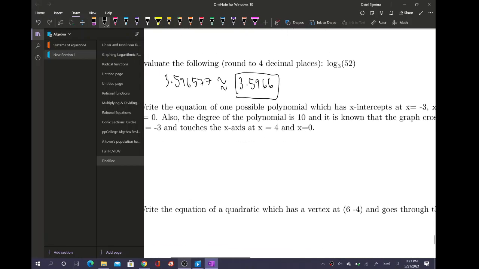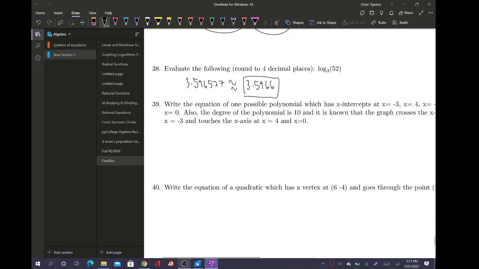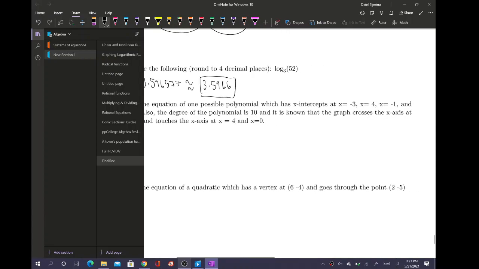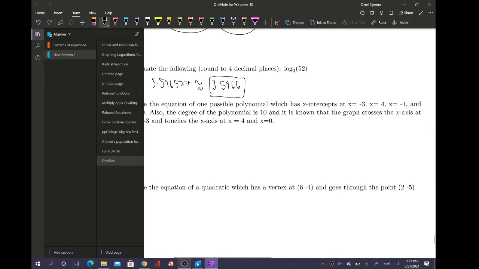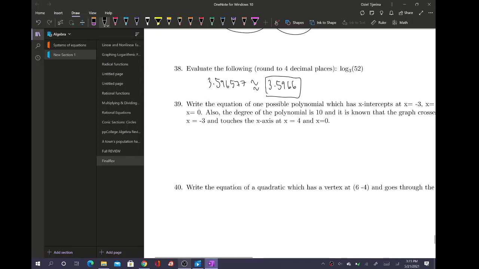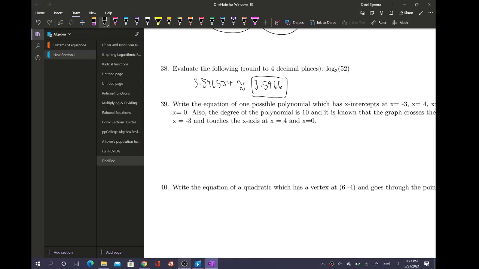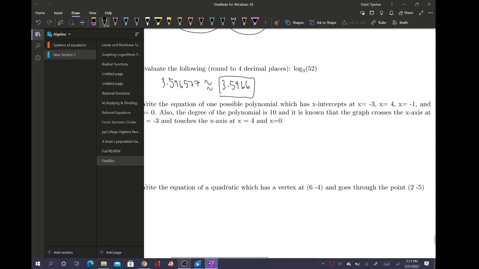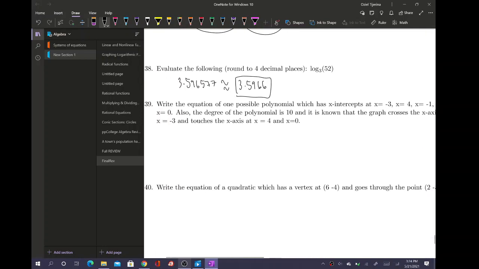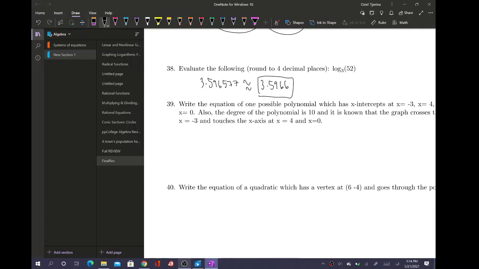Okay, it says write an equation of one possible polynomial which has the x-intercepts x equals -3, x equals 4, and x equals -1, and x equals 0. Also, the degree of the polynomial is 10, and it is known that the graph crosses the x-axis at x equals -3 and touches the x-axis at x equals 4 and x equals 0. Oh my. So let's do this step by step.